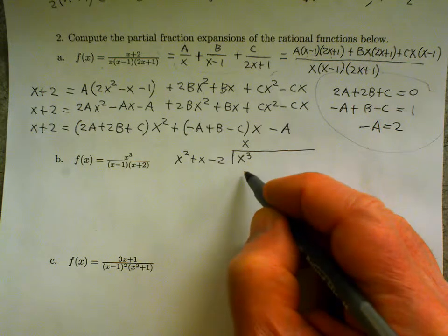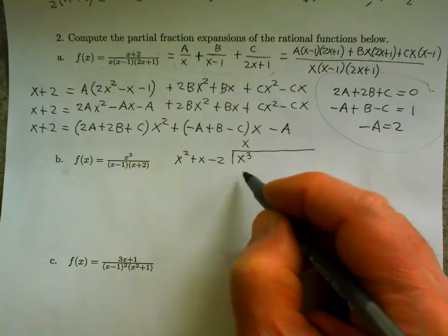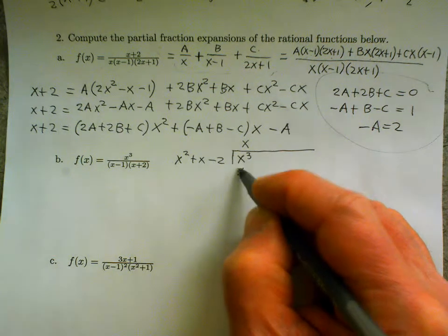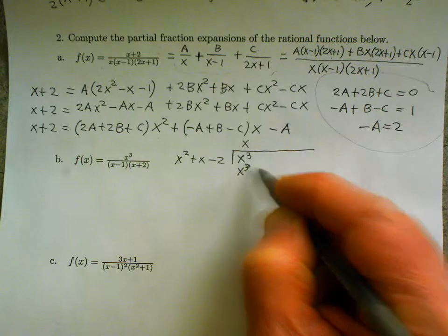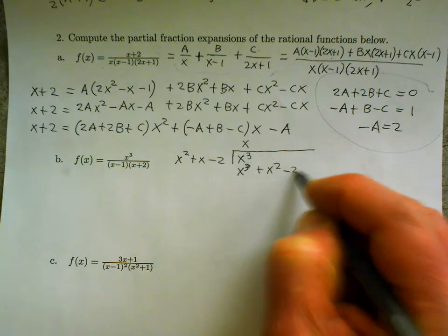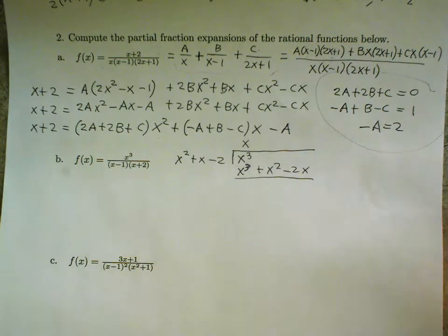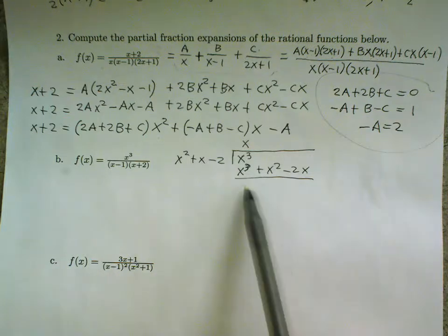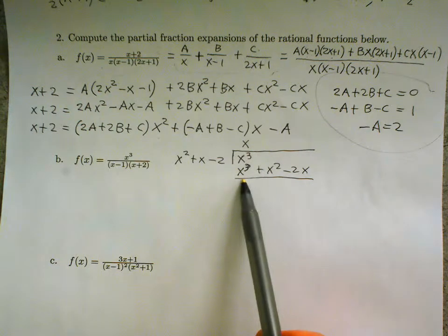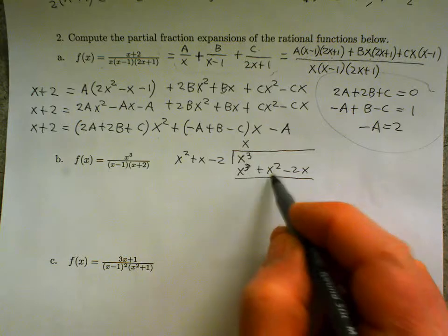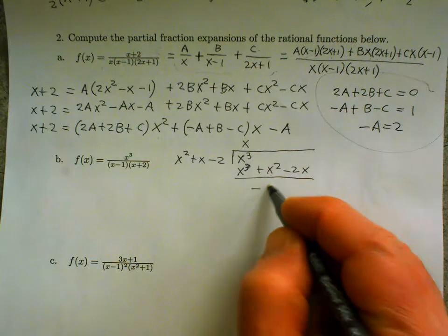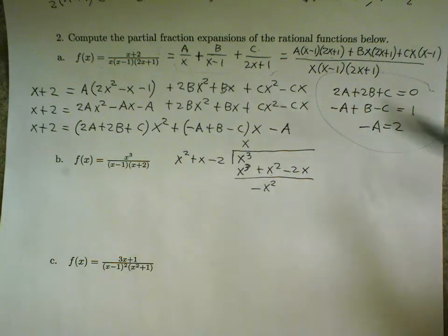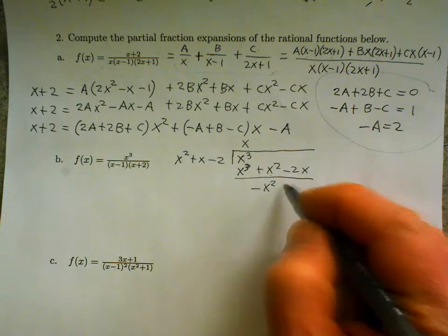And then x times x squared plus x minus 2 is x to the third plus x squared minus 2x. And then we subtract. X to the third minus x to the third is 0. 0 minus x to the second is negative x to the second. And 0 minus negative 2x is plus 2x.